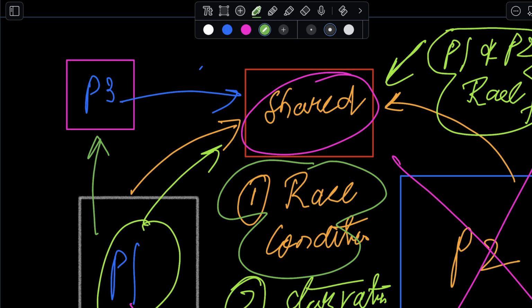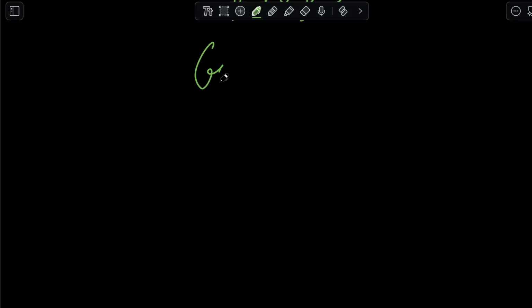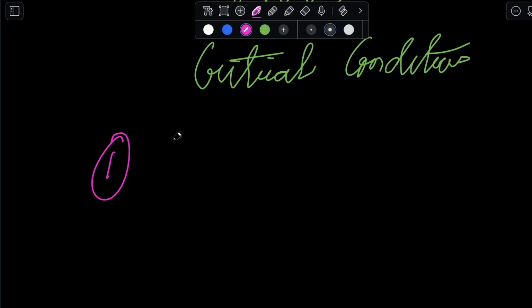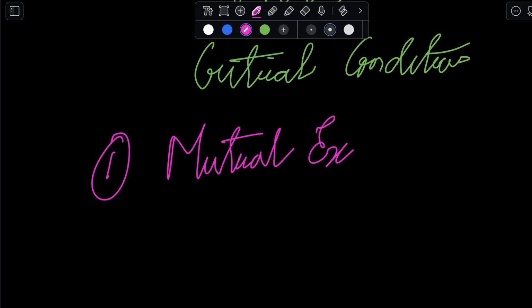So the solution to this is, we establish three rules, right? Whenever any process wants to access a critical section, we need to follow three major mechanisms. The first thing is mutual exclusion. Now what does this say?